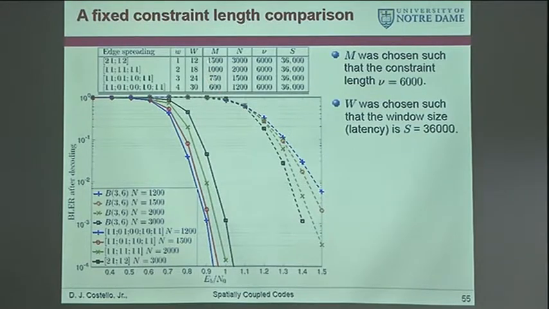We're looking at increasing the coupling width from 1 to 4 and decreasing the lifting factor from 1500 down to 600. So the constraint length is fixed at 6,000, and for the window sizes we've chosen, the latency is also fixed at 36,000. And we have block code comparisons here and spatially coupled code comparisons here.